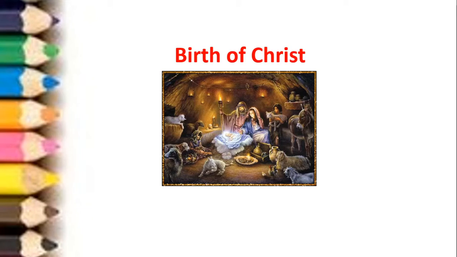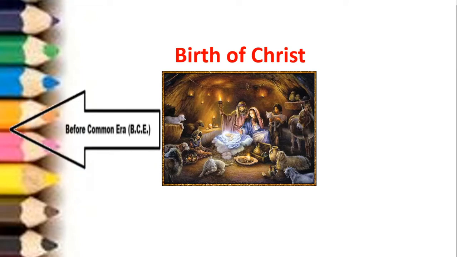Okay, when Jesus Christ was born, that particular year we called the beginning of the Christian era. So whatever happened before the birth of Christ, whatever things have happened in history before that, are called BCE, that is before the birth of Christ or before the Common Era.